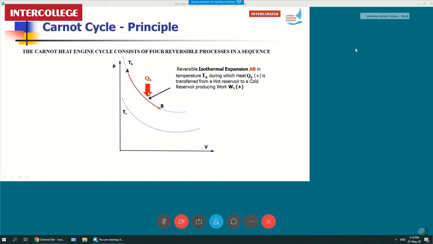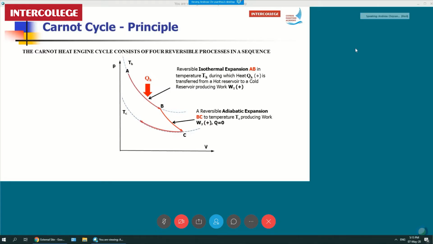This is like, for instance, boiling of water in a boiler by adding heat, then goes down an adiabatic expansion. This is something like the expansion happening in a turbine.